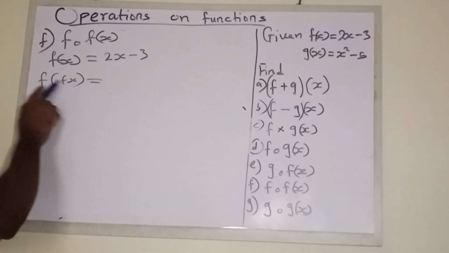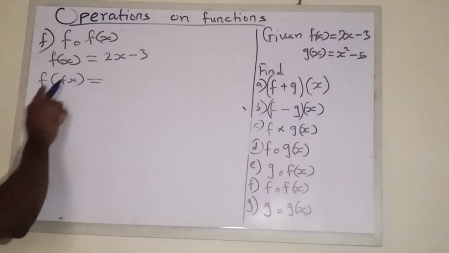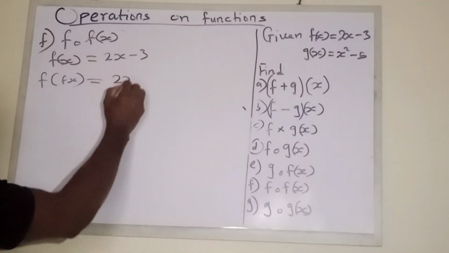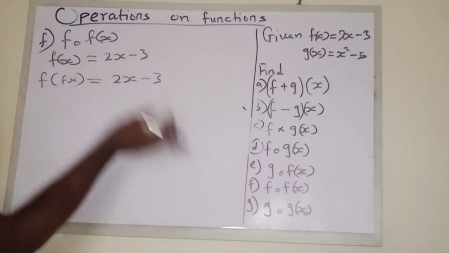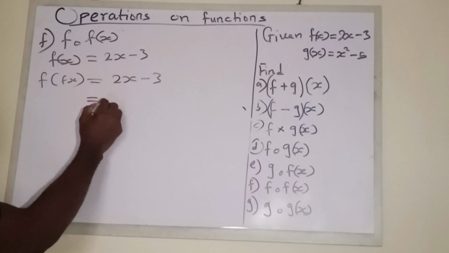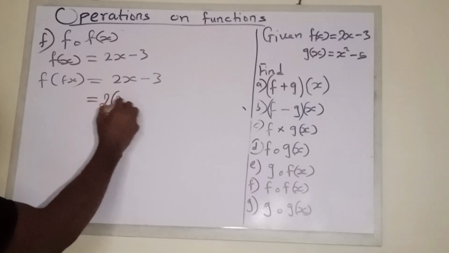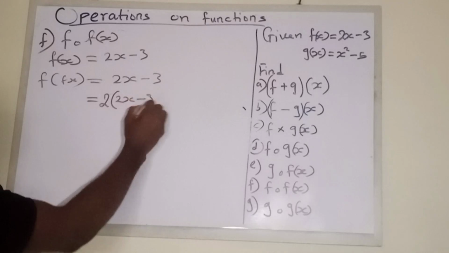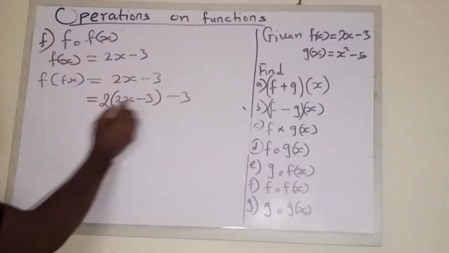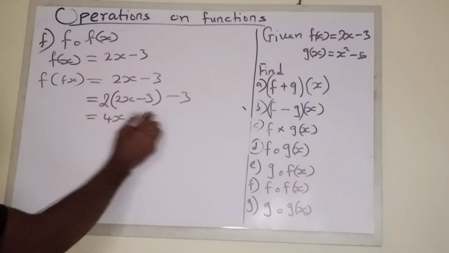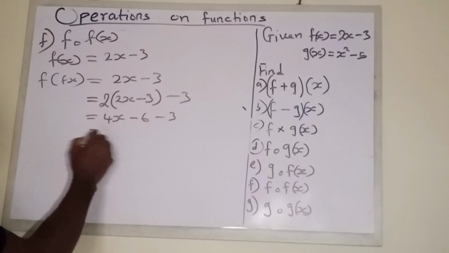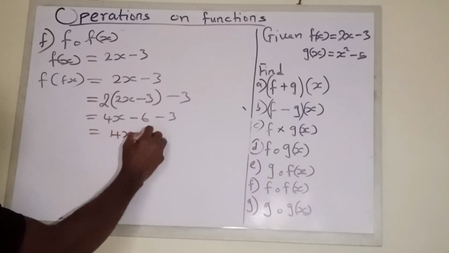So the function of f of x is still 2x minus 3. Then we are slotting this 2x minus 3 into the 2x minus 3. So we are going to have 2 into bracket 2x minus 3, then minus 3. So when you open this bracket, we have 4x minus 6 minus 3. So finally we have 4x minus 9.